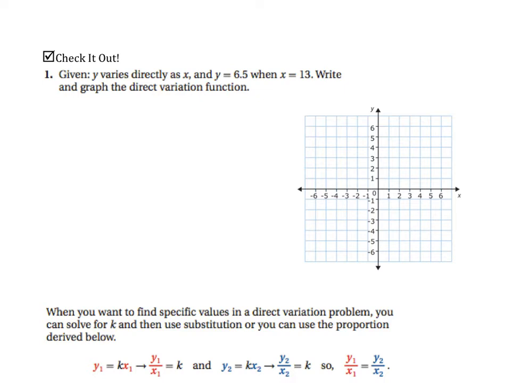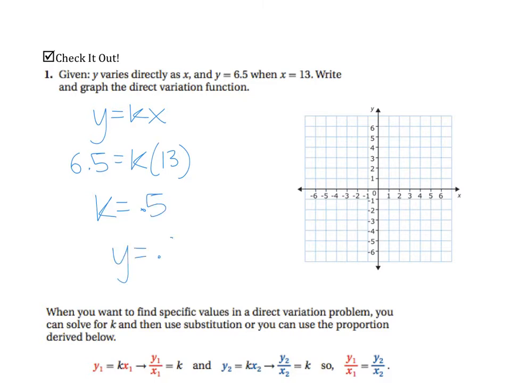First step is always to write our generic form, y varies directly as x. Then substitute our y and our x to find our k. Divide by x. 6.5 divided by 13 is 0.5.